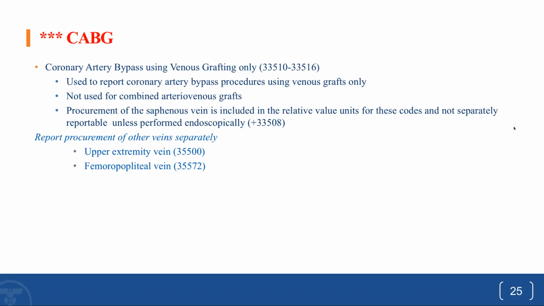So it would be described in the scenario. The saphenous vein is the one that is common with a CABG procedure, but also note that they may also use an upper extremity vein like they have listed here, or femoral popliteal. But for the most part, on the exam, they will be discussing procurement of the saphenous vein.